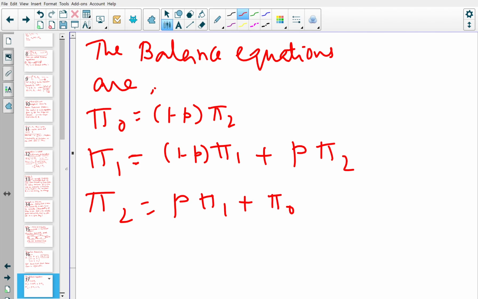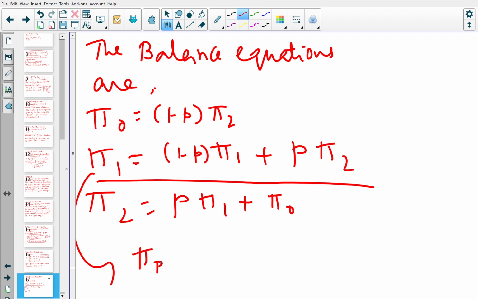Okay, now we need to solve these equations. Look at this equation. We see 1 minus p times pi 1 and pi 1, so that becomes p times pi 1. So from here p pi 1 equals p pi 2, and p is not equal to 0, so this implies pi 1 and pi 2 are equal.